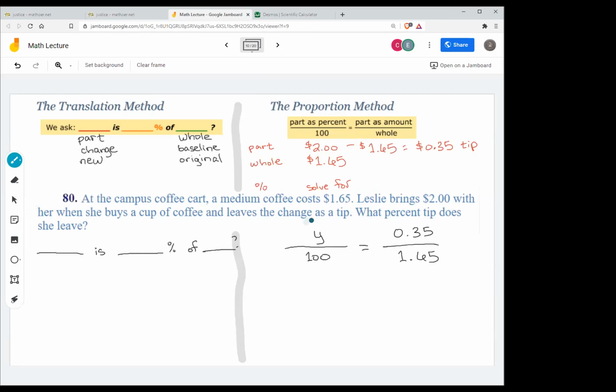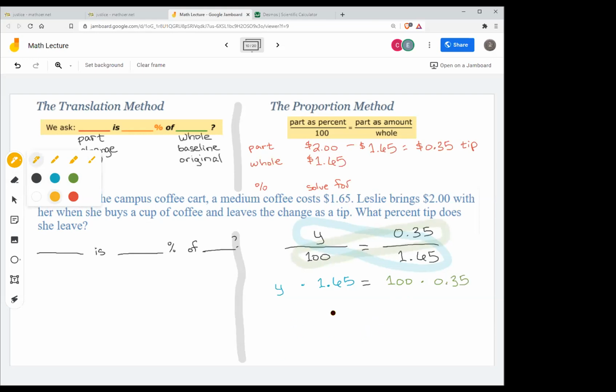And then I cross multiplied. Okay, then what?